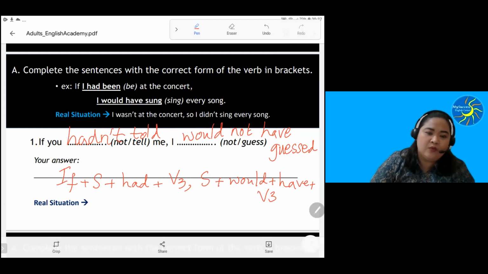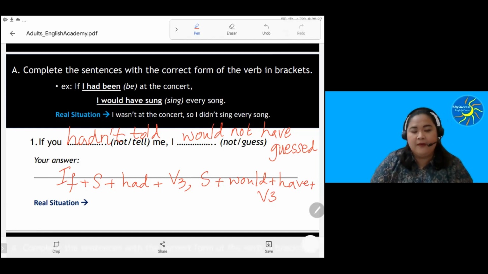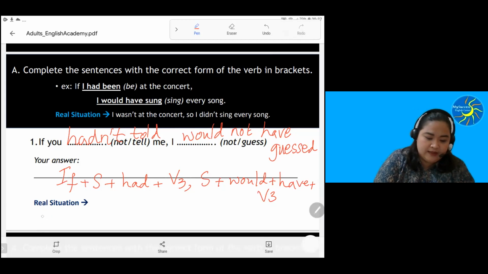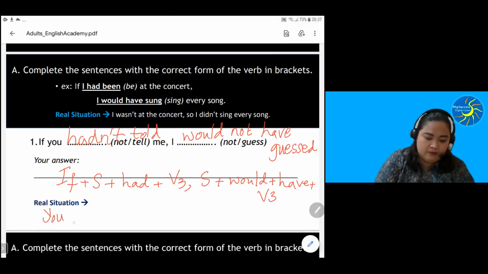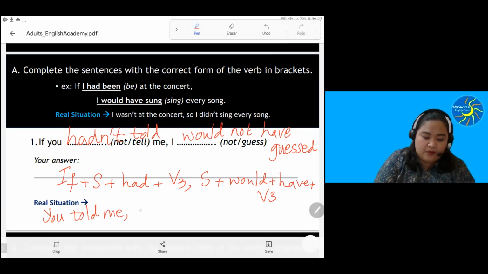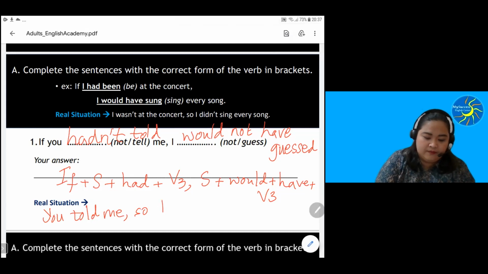Can you imagine what is the real situation? Remember, it has to be contradictory with the third conditional. Okay? So the real situation is you told me about something, so I guessed.